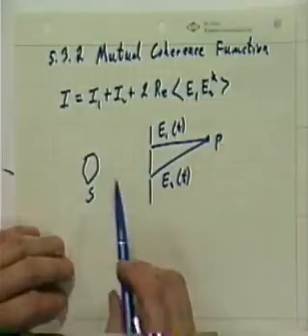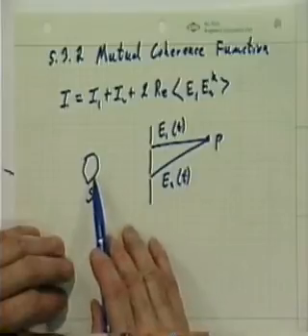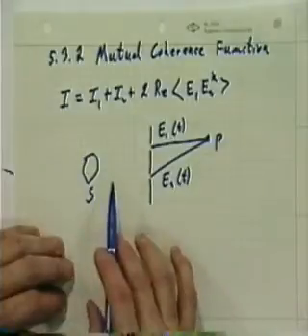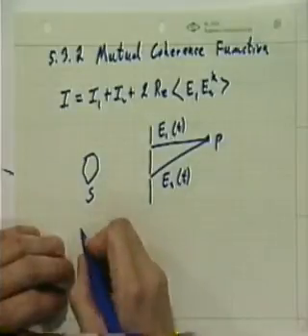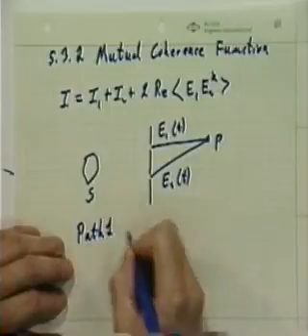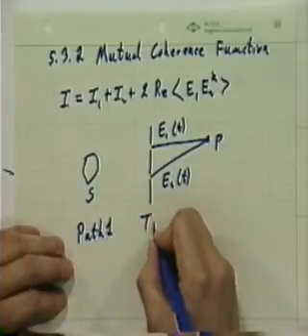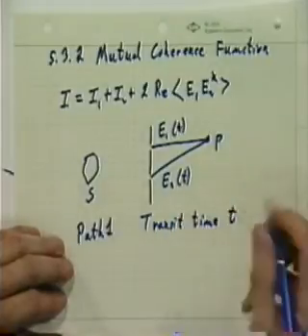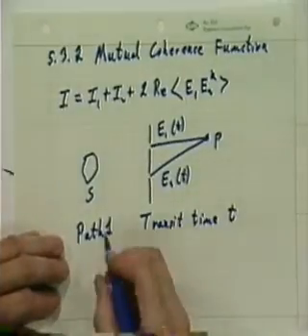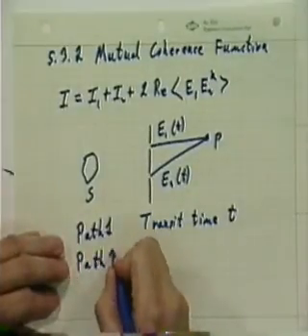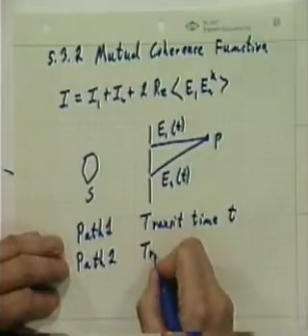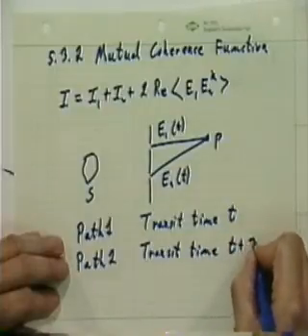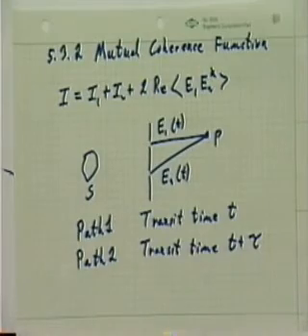So the thing is that light can leave this source, and it can go along 2 different paths. It can go along path 1, and it can go along path 2. If we go along path 1, let's say the transit time is t, some number. And if we go along path 2, the transit time is t plus tau, some different amount of time.